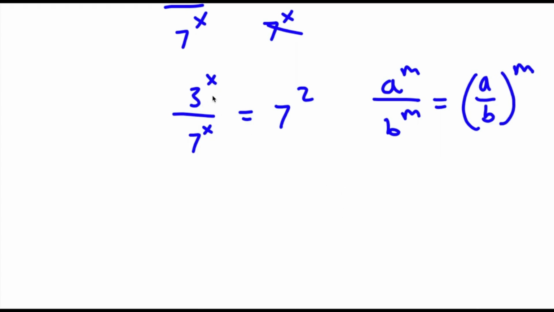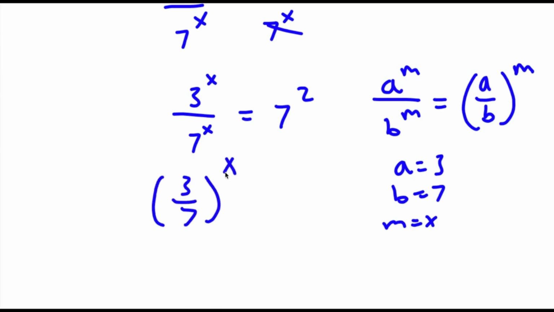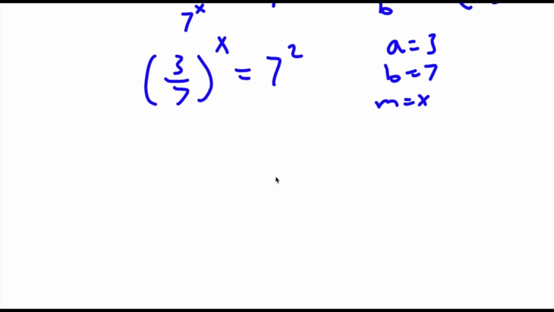So in this case, I can think of a as 3, b as 7, and m as x. So I can write this as 3 over 7 to the power of x is equal to 7 squared. Now, 7 squared, this is 49. So I have 3 over 7 to the power of x is equal to 49.